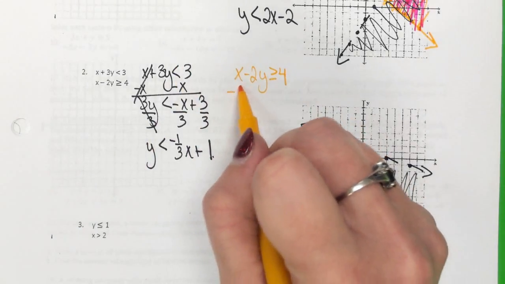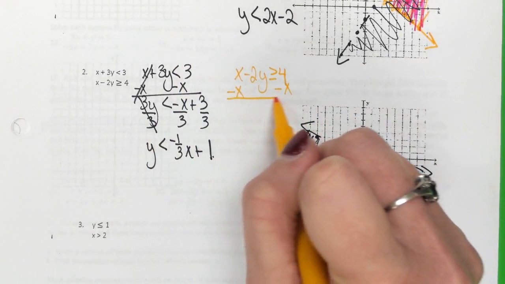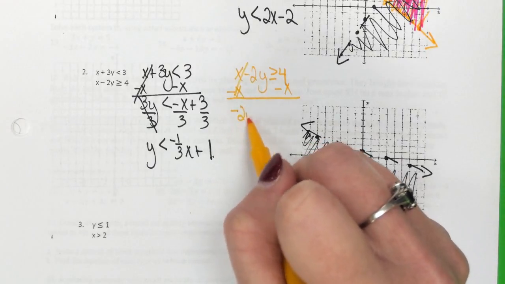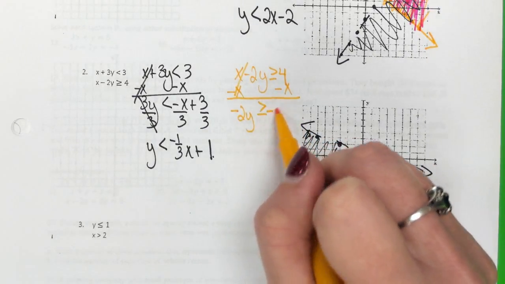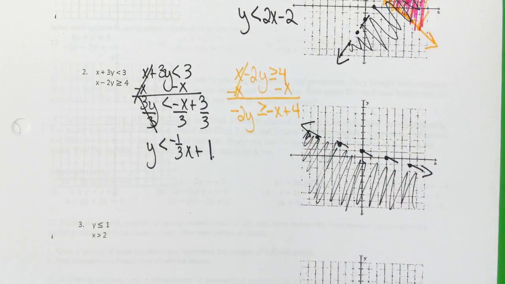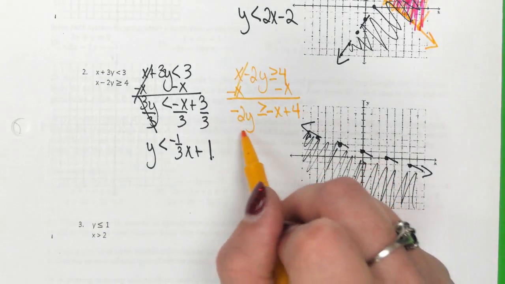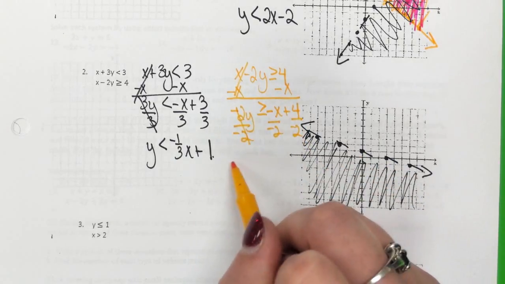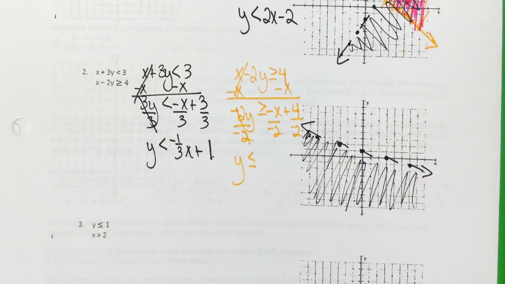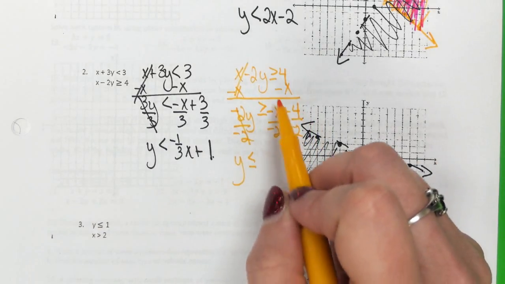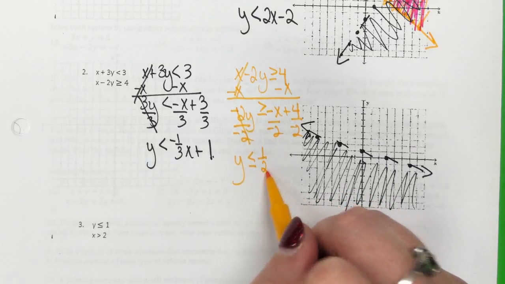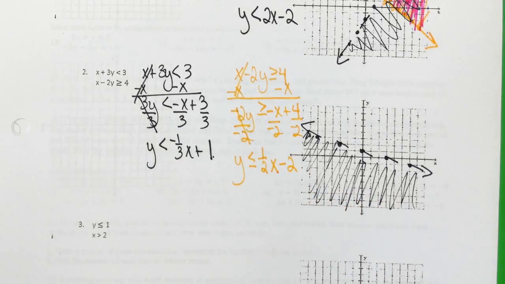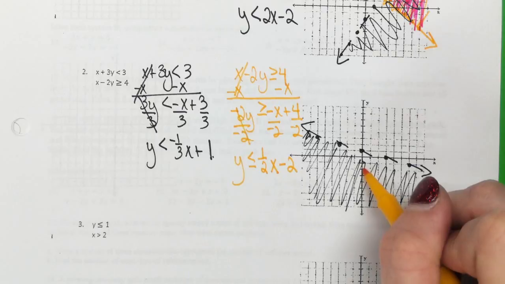All right, so let's do the other one. We're going to subtract the x. But be careful, you have a negative 2y left. All right, and what happens when we divide by a negative? What switches? The inequality sign. Very good. And then what is this guy right here? How do we write him? Positive 1/2. Very good. And then your y-intercept is negative 2.